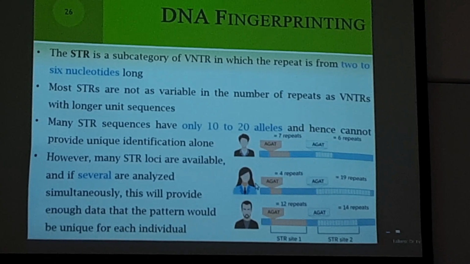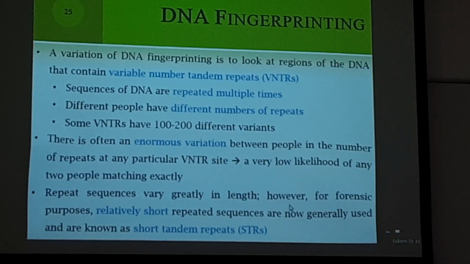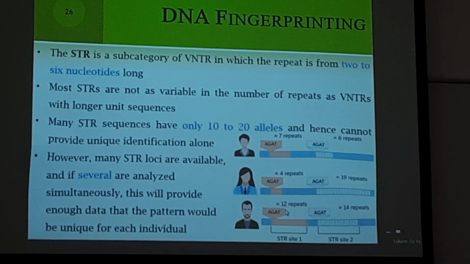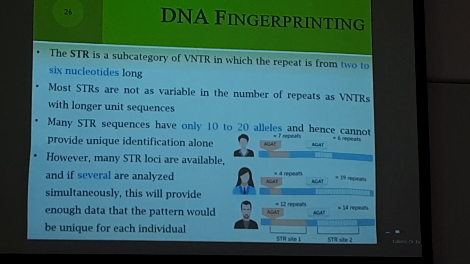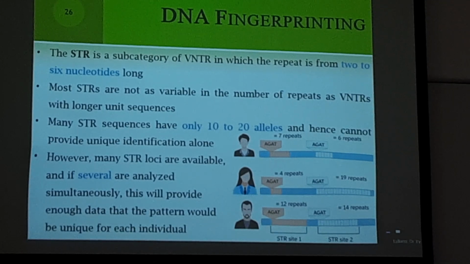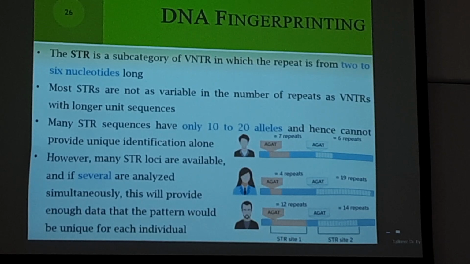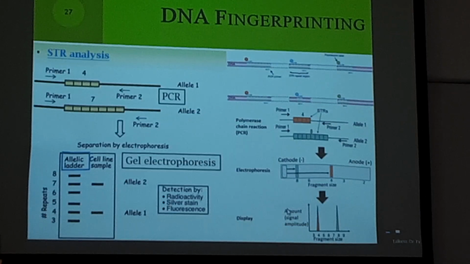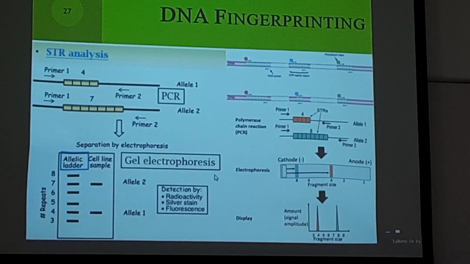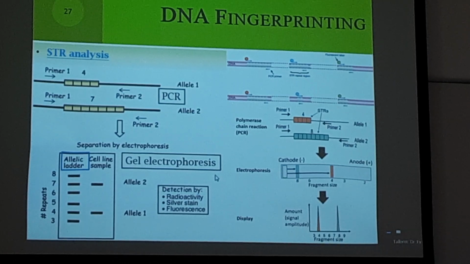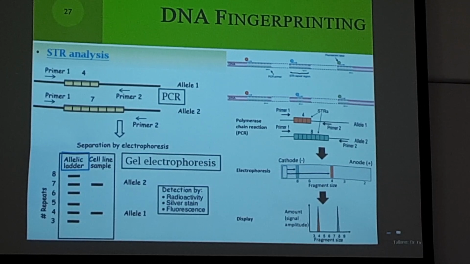If you are doing this STR analysis, the key preparation steps are the same. Obtain the DNA sample, purify it, amplify it, and then check the banding pattern at the end. Still gel electrophoresis, visualize the bands, compare with a reference or compare with each other. So no matter which type you are using, the principle is the same.